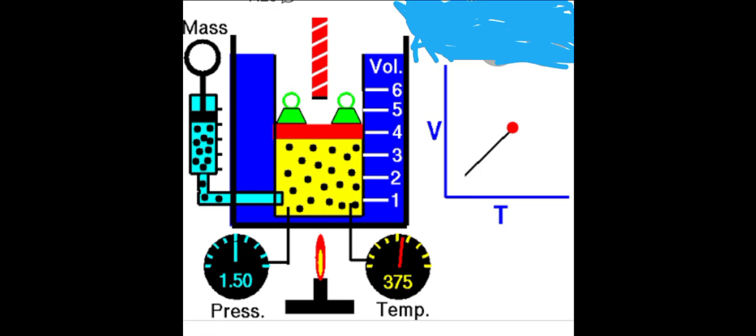Mass is fixed, and pressure and temperature. Temperature is 375, so volume also increases. And the graph of volume and temperature is a direct proportion, so it is a straight line.